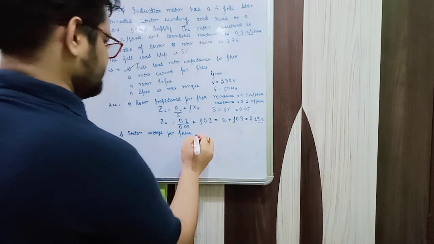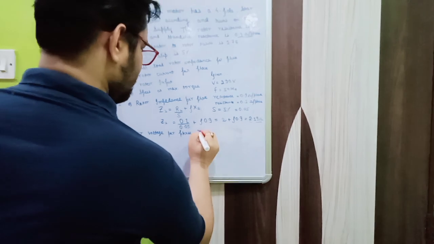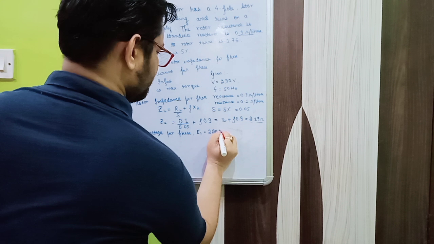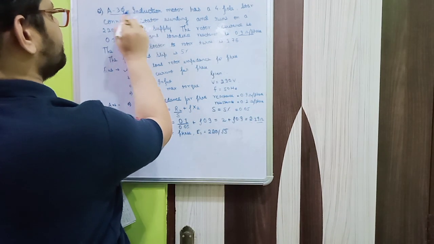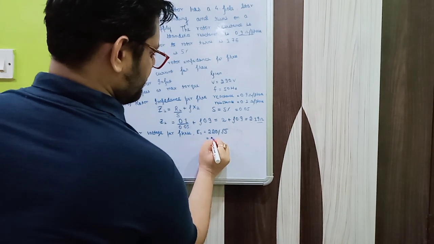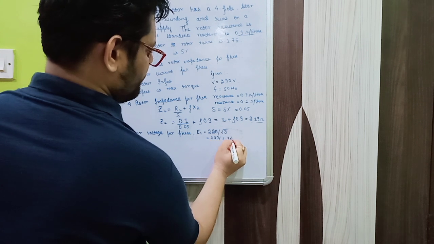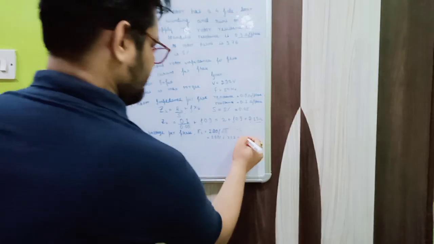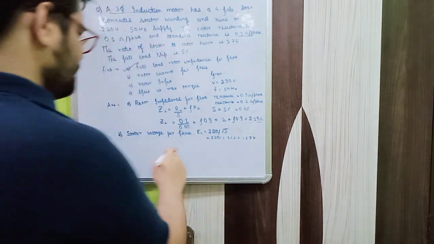We can get the value from here: E1 is equal to 220 divided by root 3, because this is the three-phase voltage, given for a three-phase induction motor. So 220 divided by 1.732 gives 127 volt. This is the stator voltage per phase.